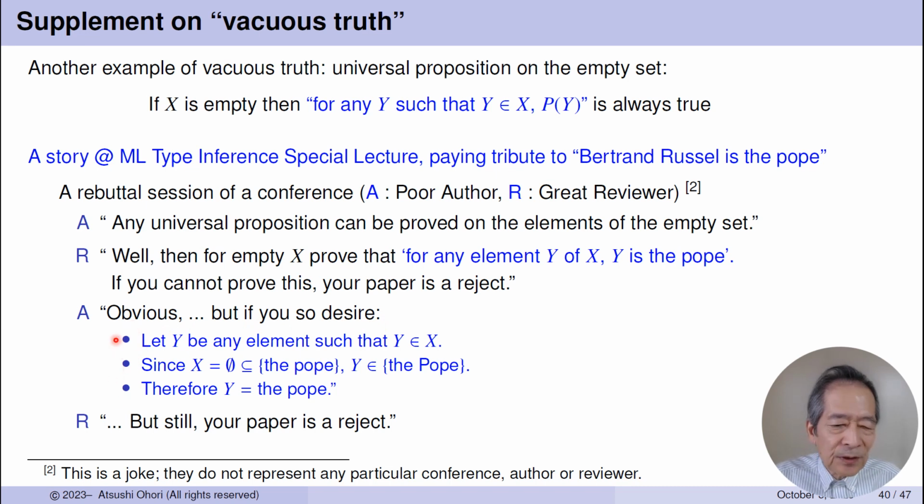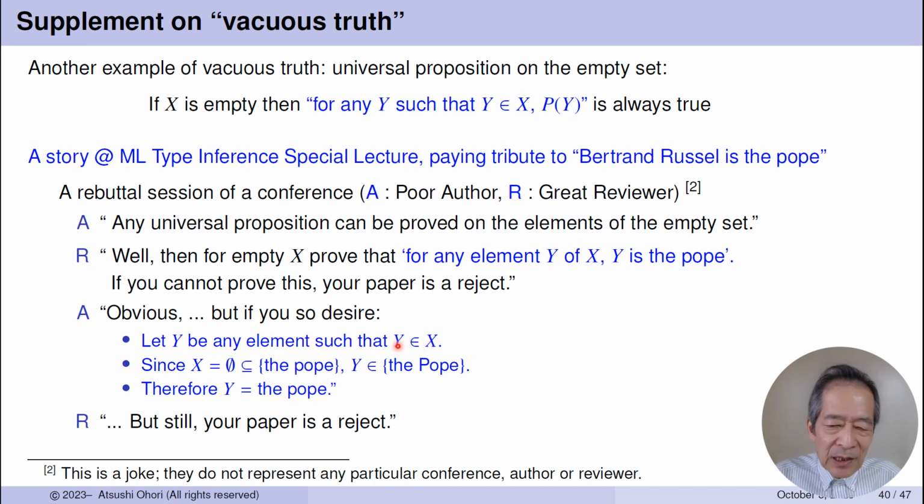So the proof goes: let Y be any element such that Y is in X. Since X is the empty set, X is equal to the empty set, and the empty set is a subset of any set. So pick this set, the singleton set containing the Pope.